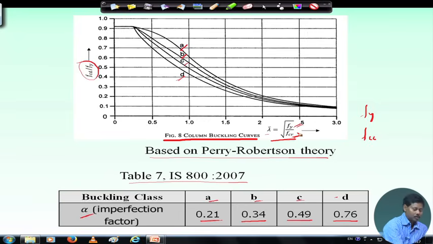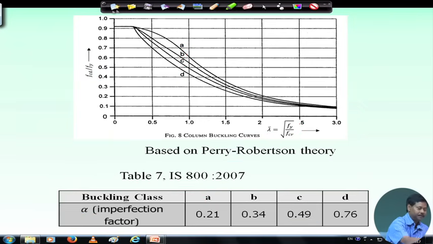So, we could see here that based on Perry-Robertson theory, we have taken into consideration 3 effects. One is due to material f y, another is due to global buckling, and the other one is the new component which has been adopted in this code, the class of the structure, meaning buckling class A, B, C, D. So, according to buckling class, this has been changed, right.